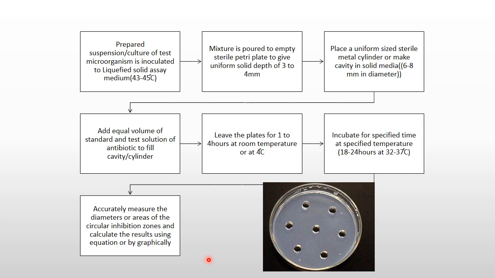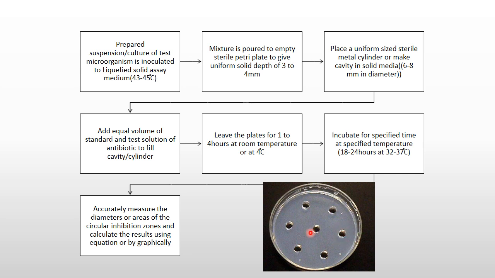First prepare the agar medium. Then pour the agar medium into the Petri plates. Then pour the inoculum onto the surface of the agar medium. Or add the inoculum to the liquid agar medium and mix it well, then pour it into the Petri plate and allow it to solidify. Then place a uniform sized sterile metal cylinder or make cavities of 6 to 8 millimeter in diameter in the solid media.